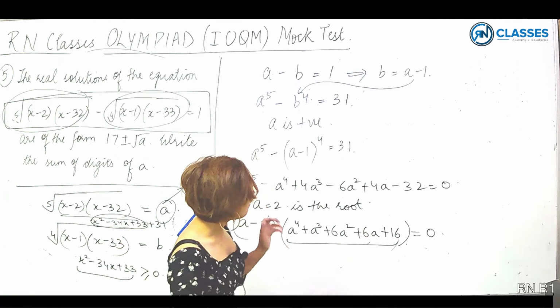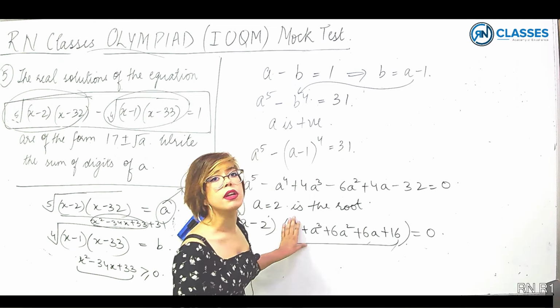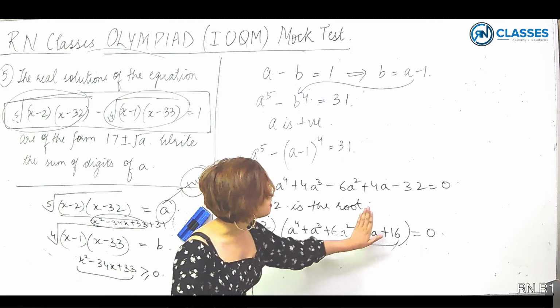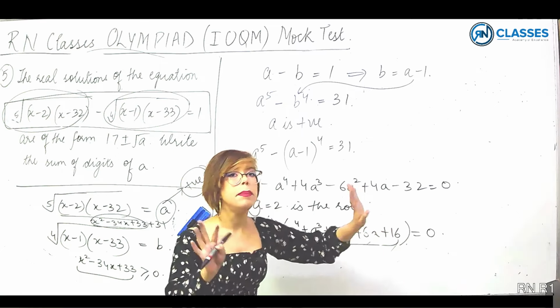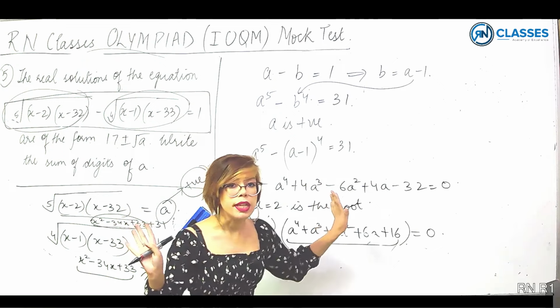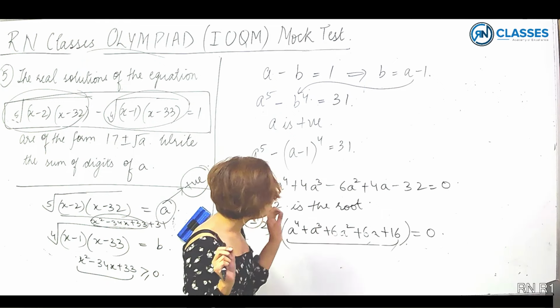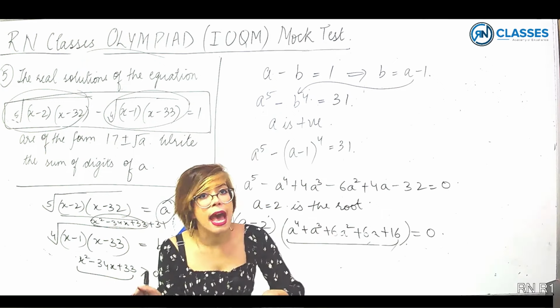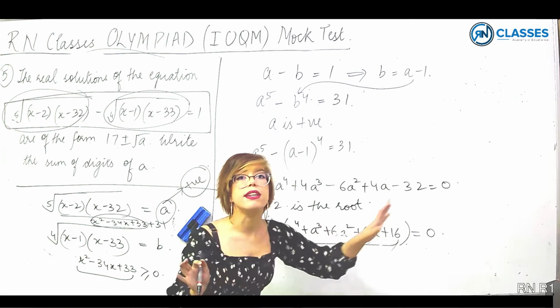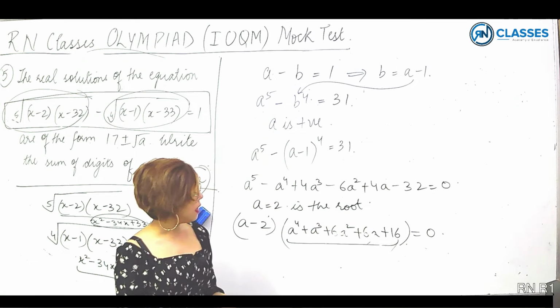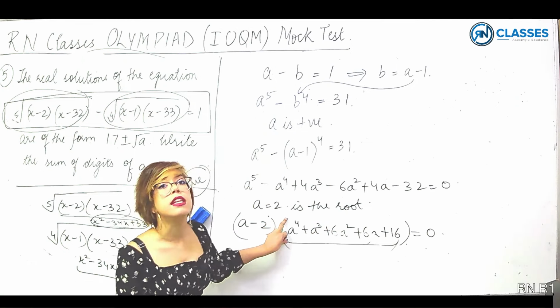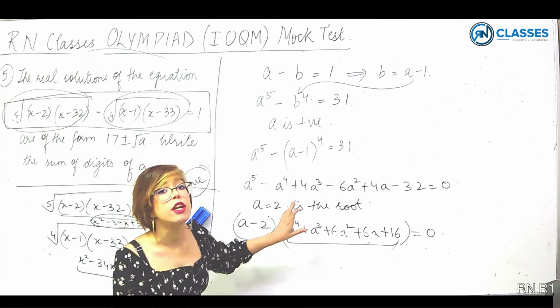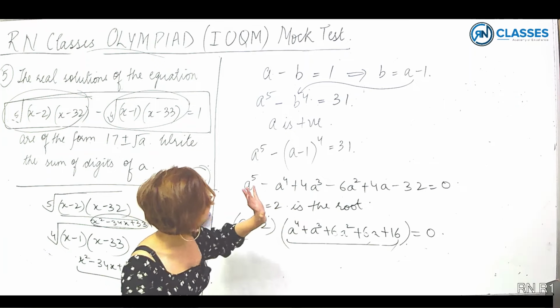So that means if I try to put a as a positive quantity, positive plus positive plus positive plus positive plus positive cannot be equal to 0. So no matter what positive value of a you put, I cannot get the left hand side equal to the right hand side, right? That means the root of this equation cannot be a positive number.